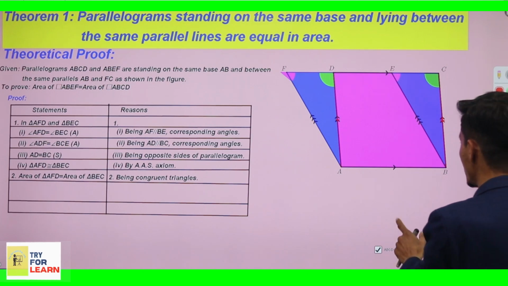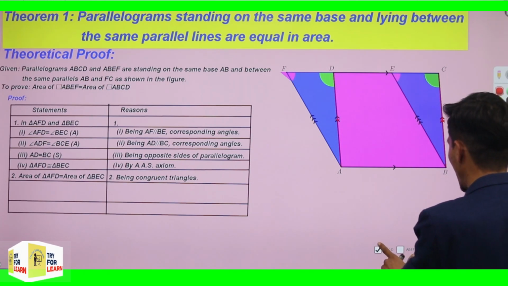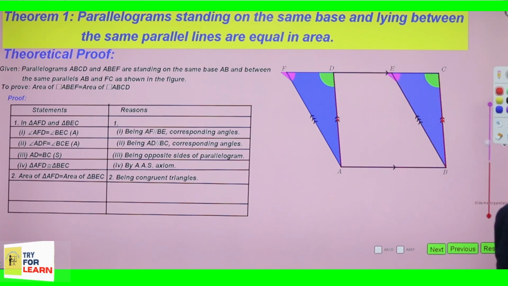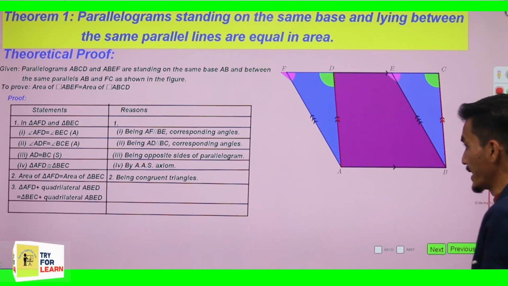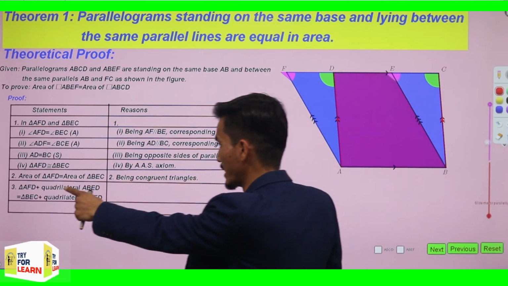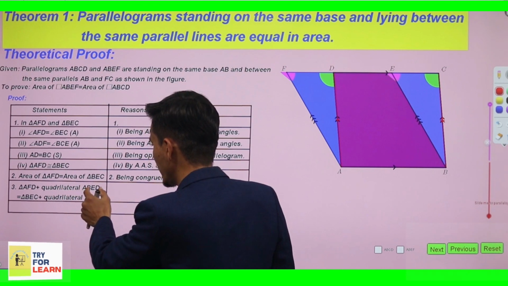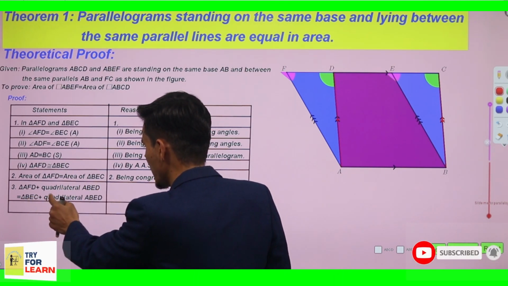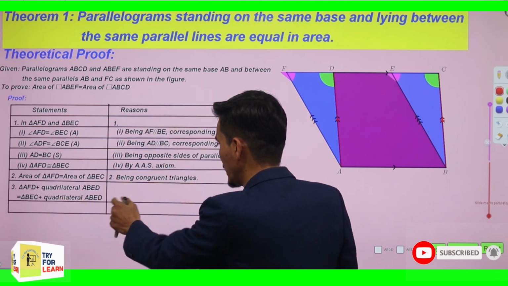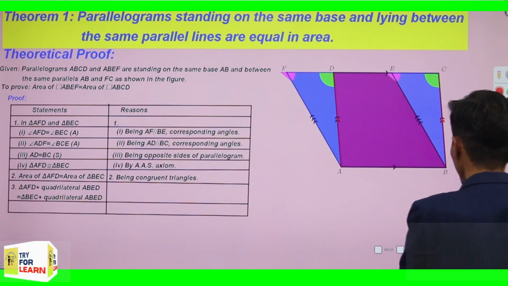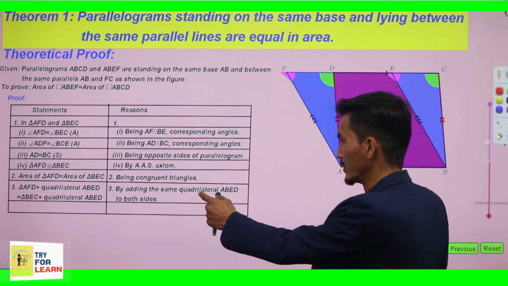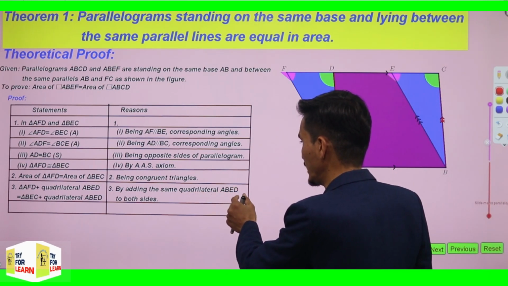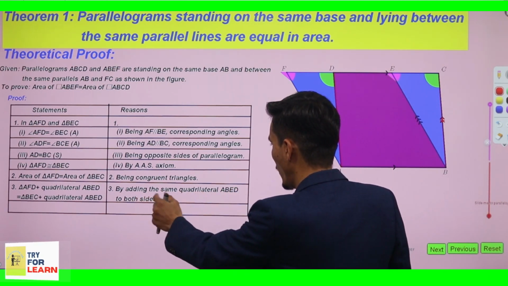It means these two parallelograms are equal in area. So we can write: triangle AFD plus quadrilateral ABED is equal to triangle BEC plus quadrilateral ABED. Its reason: adding the same quadrilateral ABED to both sides.